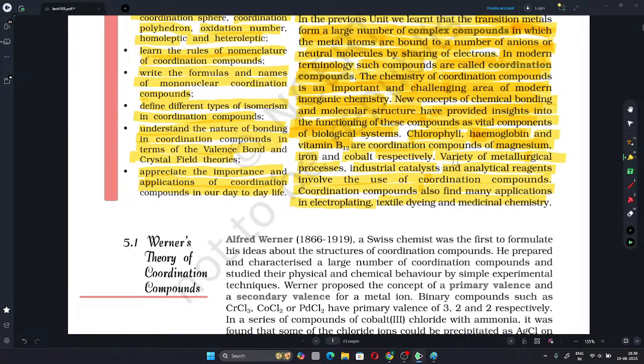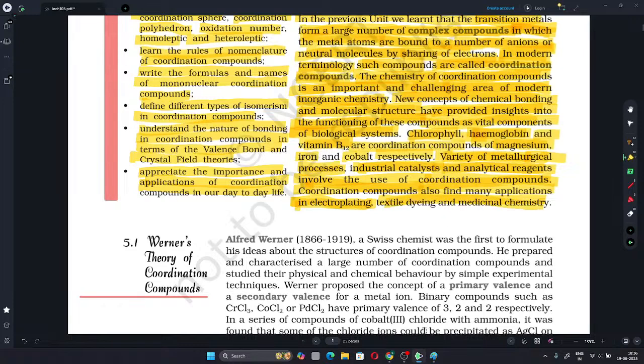Uses of coordination compounds, applications: a variety of metallurgical processes, industrial catalysts, and analytical reagents involve the use of coordination compounds. They also find many uses in electroplating, textile dyeing, and medical chemistry.